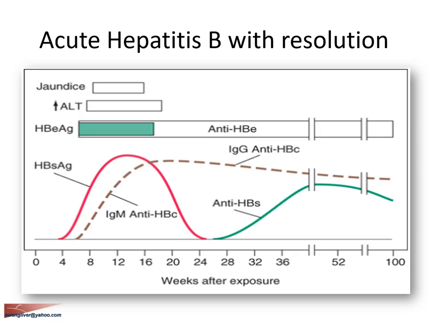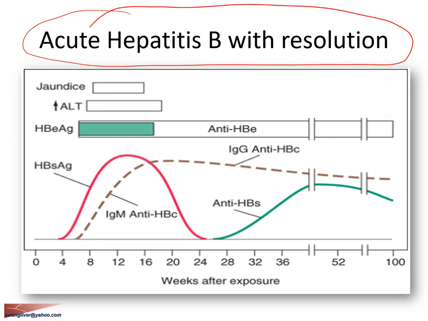But if you get the infection as an adult, then your immune system is very active. There's a higher chance of your immune system clearing the virus. So this figure is really pertaining most likely to a patient who was exposed as an adult, because there's acute hepatitis B with resolution of your hepatitis B.